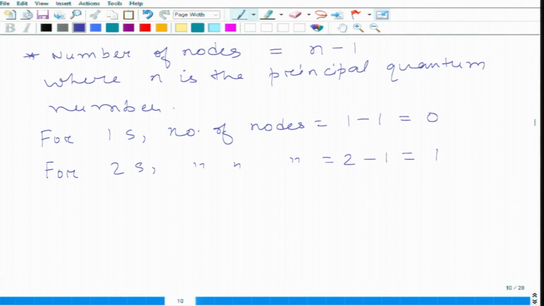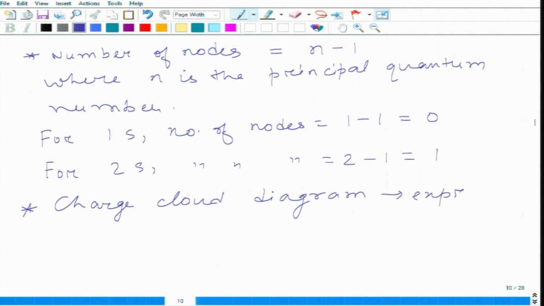Now, there are two types of diagrams by which we predict the shape of orbitals. One is the charge cloud diagram. It is expressed in the form of dots.